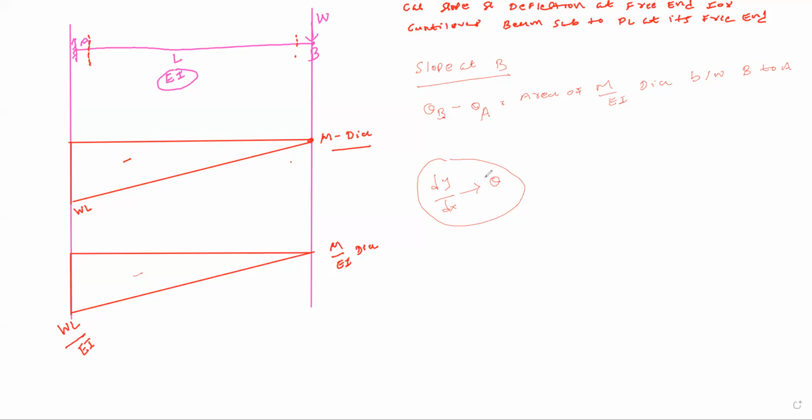Okay. My simple question is, how many reactions are there at point A? First give me the answer to that. How many reactions will there be at point A? Can anyone tell me? Bhautik, think and give me the answer.